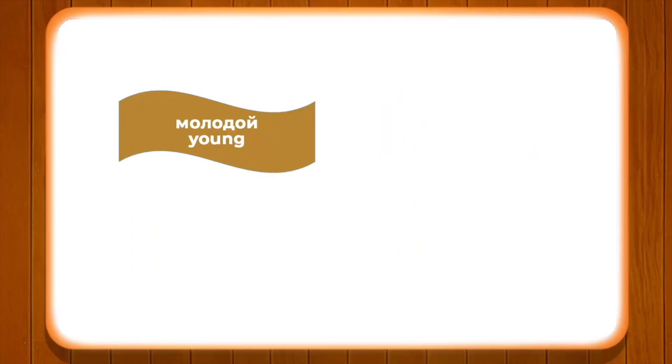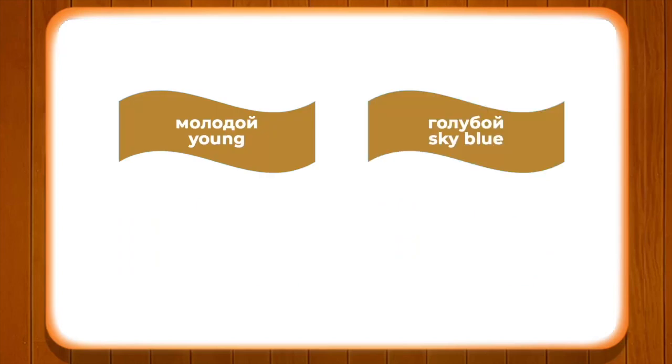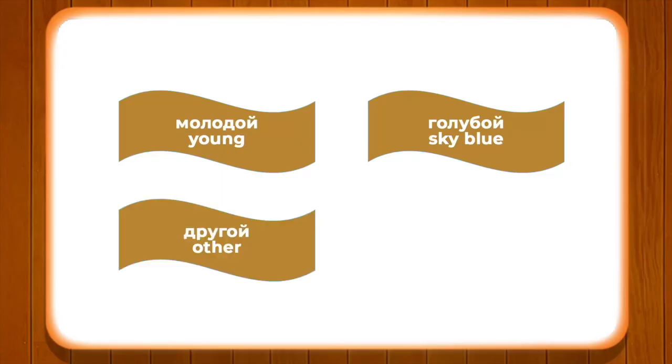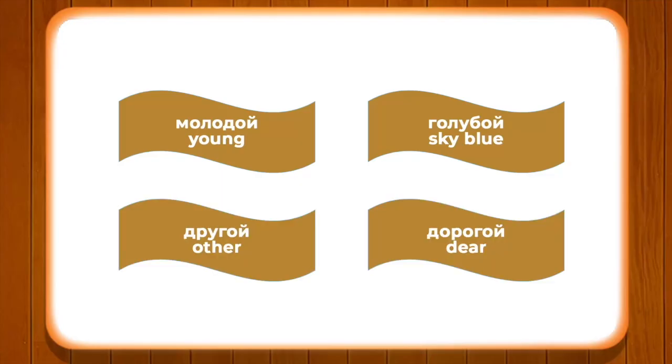Maladoy means young, galuboy means sky blue, drugoy means other, and daragoy means dear. If you pay attention to the last one, the word is daragoy. However, we have used O multiple times, but since we already know the process of udarenie or the stress sign, when it falls onto a particular vowel, the sound rises.